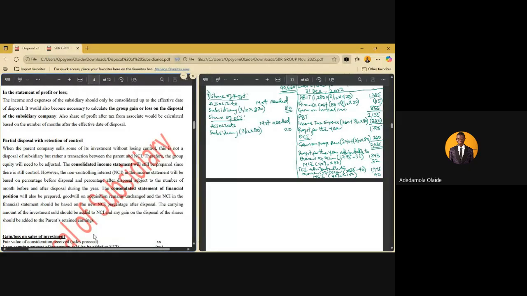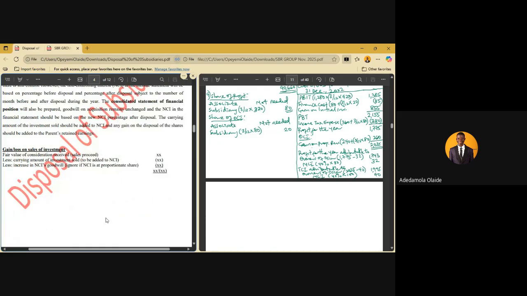And in that case, you still consolidate like before. Just that when you are sharing profit, you have to be careful because the profit sharing ratio before the disposal and after the disposal will be two different things.